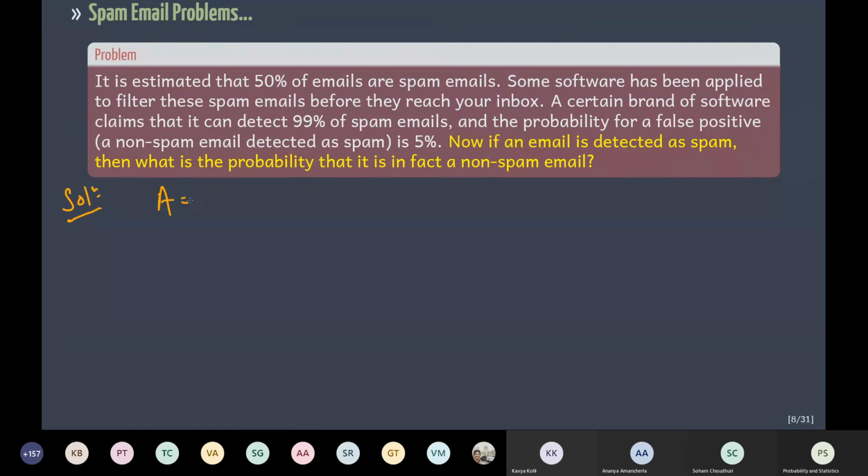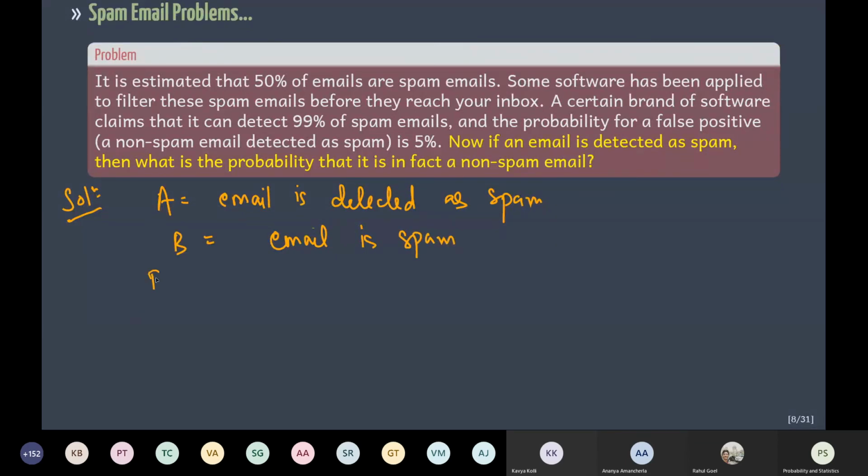Let A be the event that an email is detected as spam, and B be the event that the email is spam. I hope it's not confusing here.